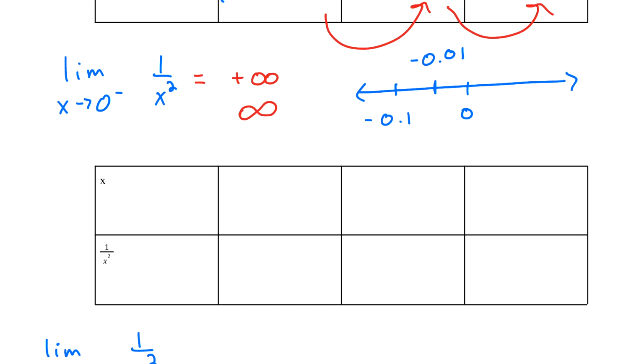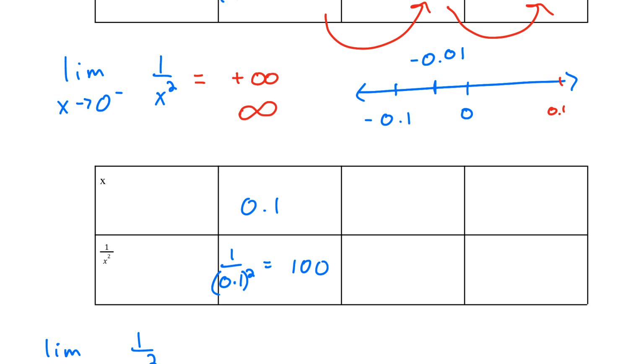If we go back and look at our number line here, we might say positive 1 would work, but again, I like to be within one decimal place, so I think 0.1 would be a good place to start. So if I take an x value of 0.1, and plug it into our function 1 over x squared, we'd have 1 over 0.1 squared. If we plug that into our calculator, we should end up with a y value of 100 again.